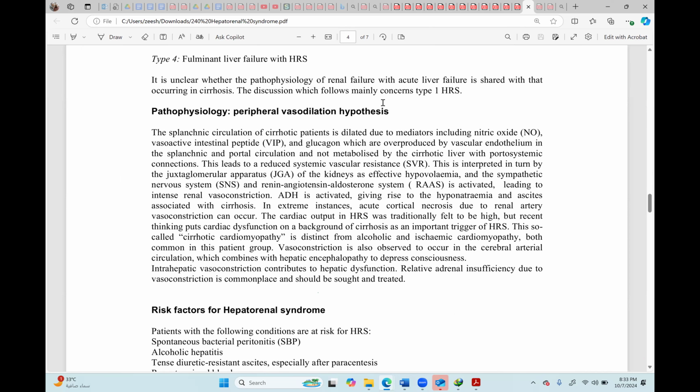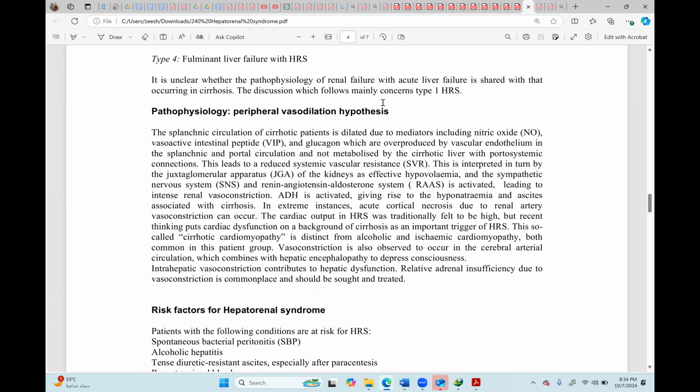The JG apparatus interprets this as effective hypovolemia, so the sympathetic nervous system and renin-angiotensin are activated, leading to increased renal vasoconstriction. ADH is activated, giving rise to hyponatremia, and ascites is associated with cirrhosis. In extreme instances, acute cortical necrosis due to renal artery vasoconstriction can occur.